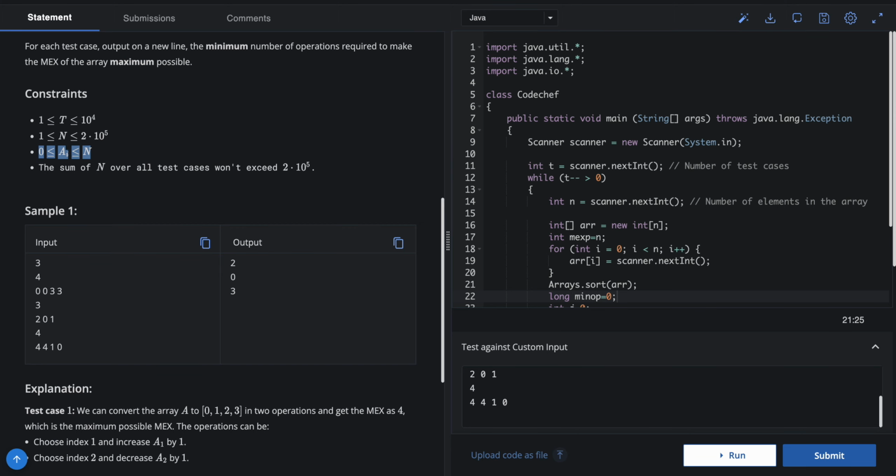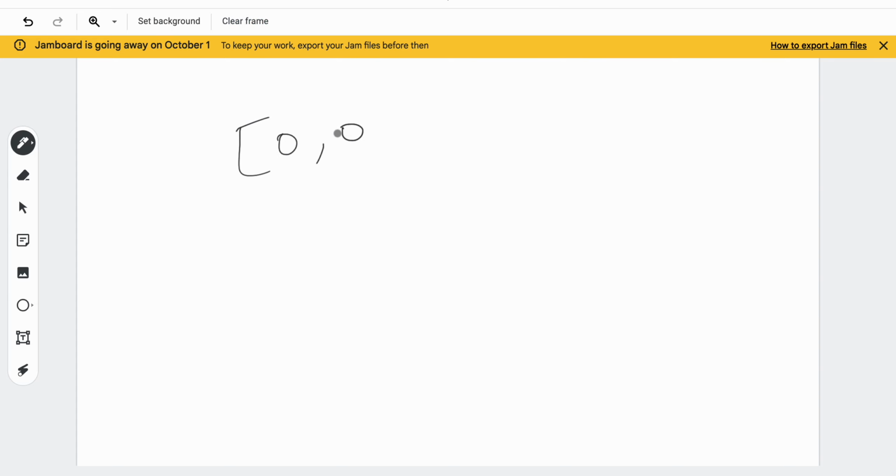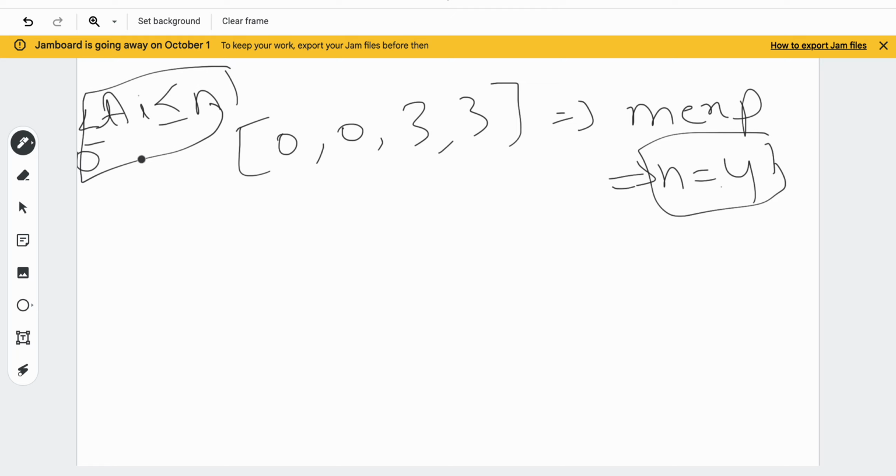Suppose this is our array 0 0 3 3. The maximum possible max can be n, where n is equal to 4. Why is it n equal to 4? Because ai can be 0 to n, so the maximum possible can be any number up to n, so n can be the maximum possible.